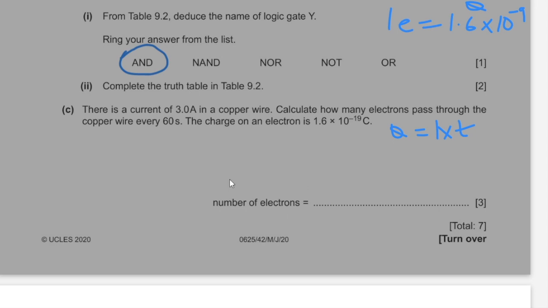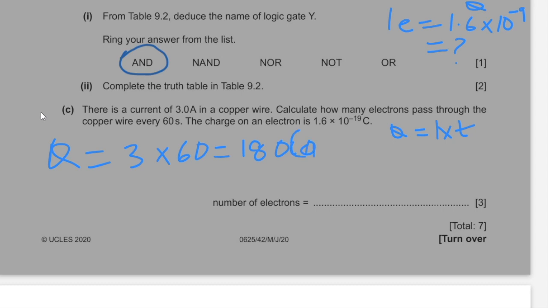If they are asking the number of electrons, that means we should have, for those number of electrons, their charge. And so charge here is going to be equal to current into time, which is 3 amperes multiplied by the time taken, which is 60, and that gives the answer as 180 coulombs.